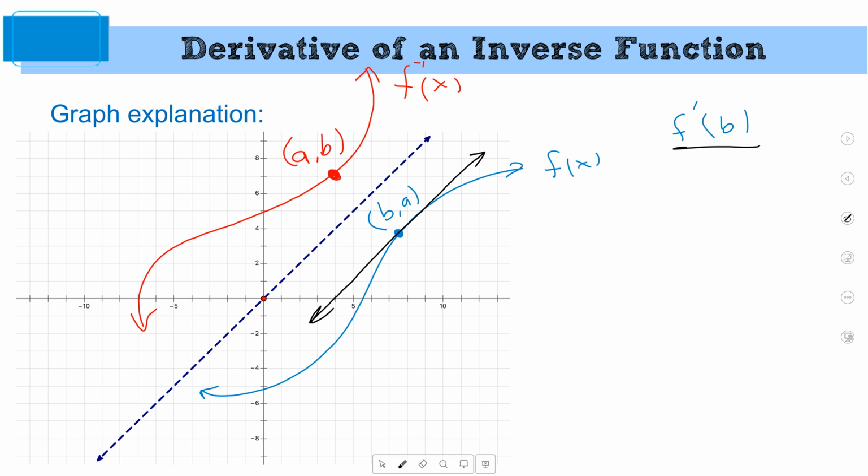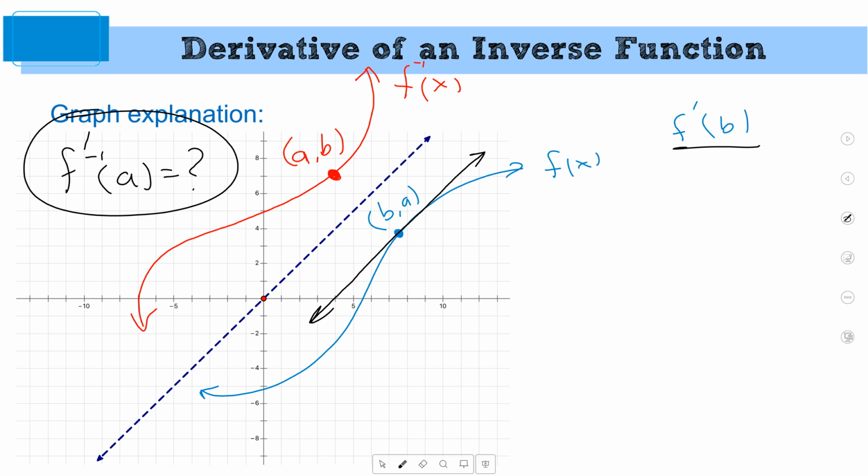You with me so far? But that's not what the problem is asking. The problem initially is going to ask what is the derivative of the inverse function at a. This is what we're starting with. And my argument is, don't do that. Work with the original function.